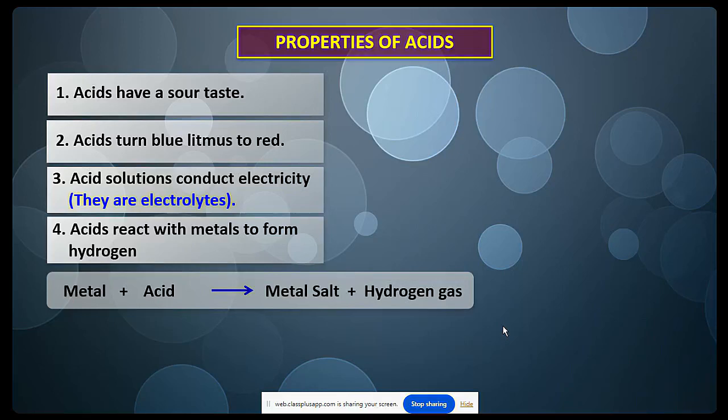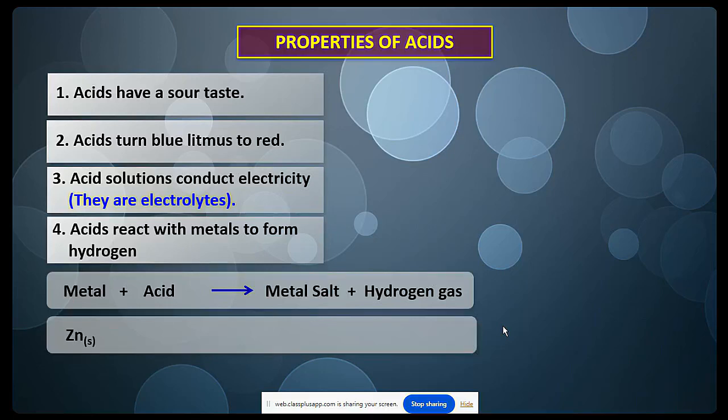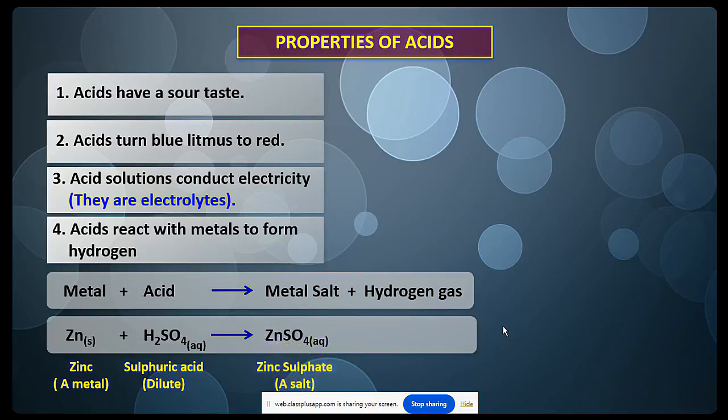Reaction for this: instead of metal, in the place of metal, take zinc, which is in solid state, plus acid, sulfuric acid, H2SO4 aqueous solution. So that is dilute sulfuric acid gives rise to ZnSO4, zinc sulfate, an aqueous salt, plus hydrogen gas.